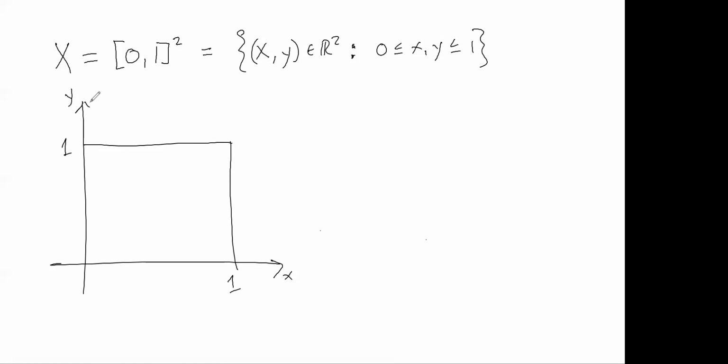And let's say I define a function. Let's say my indexing set will be 1, 2, 3, 4. And then maybe I'll have you think what the functions are. I'll just draw the image.